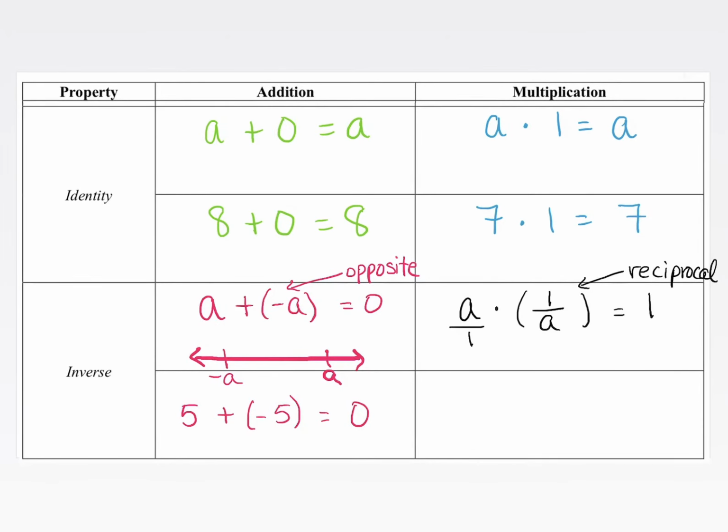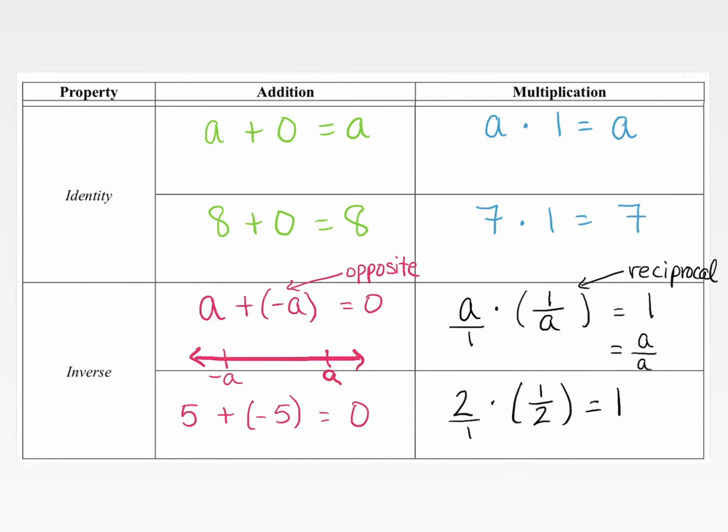So 1 over A. If we simplify this and multiply across, we would get A divided by A, or just 1. So numerically, we can use the example 2 times 1/2 equals 1. This is really 2 over 1.